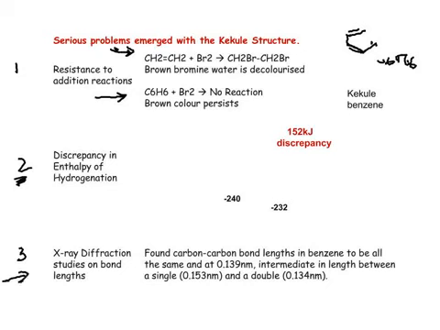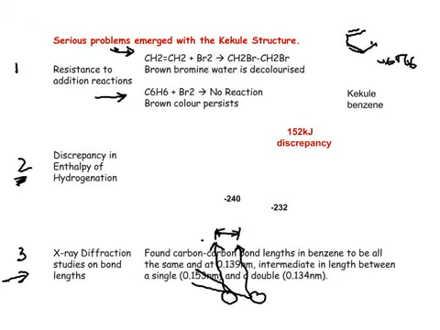Looking at the third bit of evidence, it comes from X-ray diffraction. X-ray diffraction studies pass X-rays through the sample, and these X-rays bounce off and hit a photographic plate, and this can be used then to find the distance between the adjacent atoms.